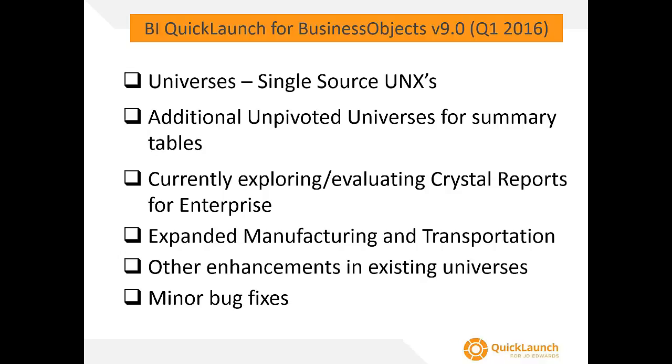Maybe some of the things you have done individually, we'll be rolling into our out-of-box universes in future releases, as well as minor bug fixes that we've discovered in the 8.0 stuff.